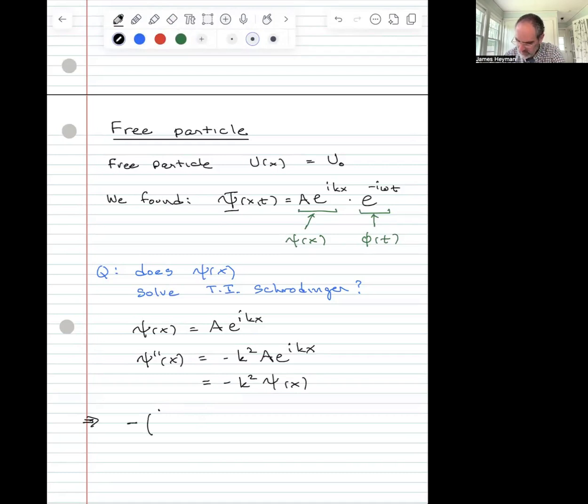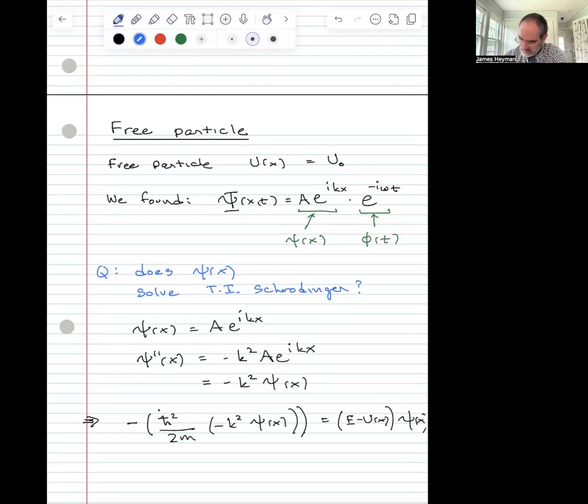Oh, my goodness, I made a mistake here. I apologize. We have minus h bar squared over 2m times the second derivative of the wave function, which is minus k squared times psi of x, is equal to E minus U of x times psi of x.